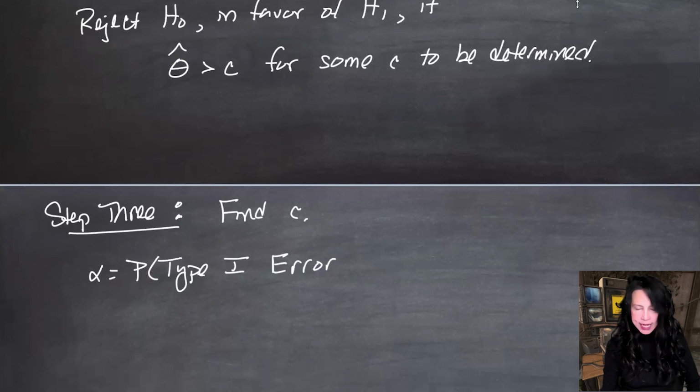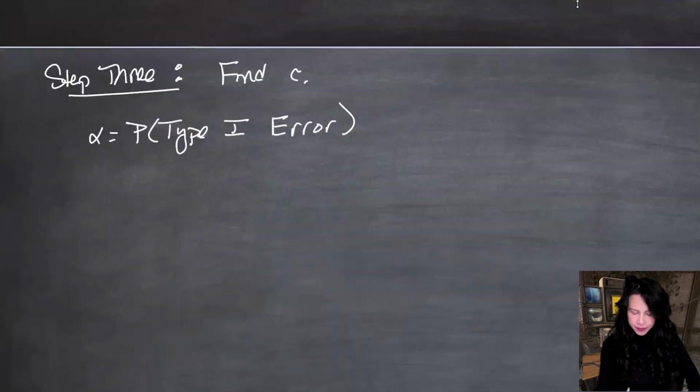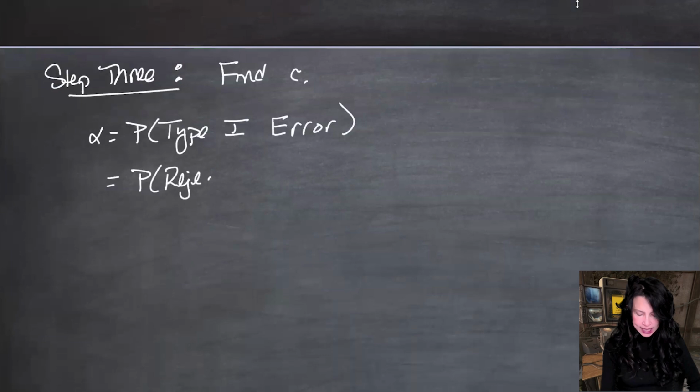You could also say it's going to be the maximum probability of making a type 1 error, and that maximum is taken over all values for which the null hypothesis is true. Because there's only one value there, I don't have to take a maximum over anything, so I'm not even going to write that maximum. The type 1 error says you reject the null hypothesis when you shouldn't because it's true.